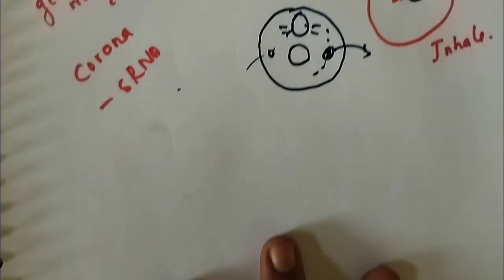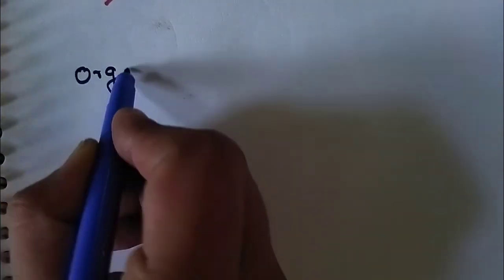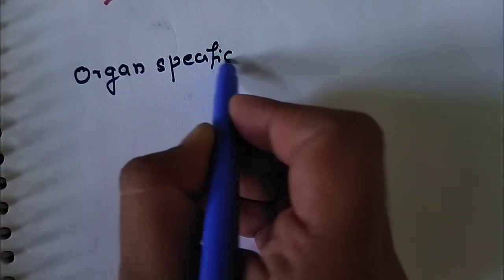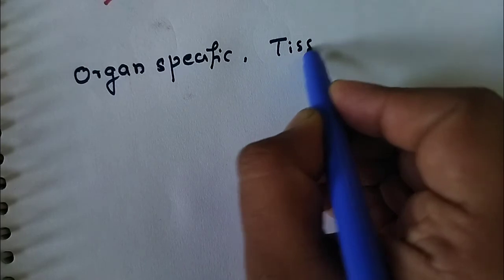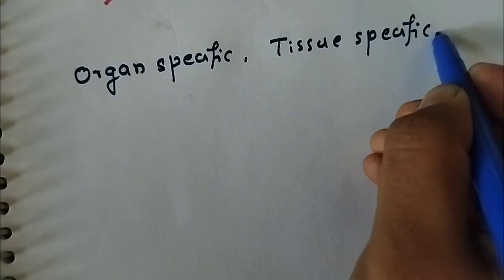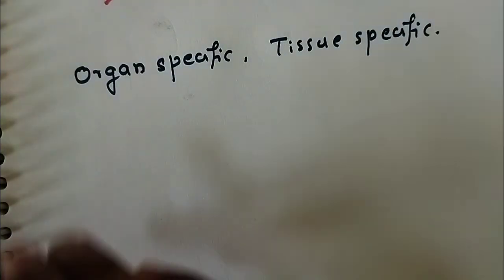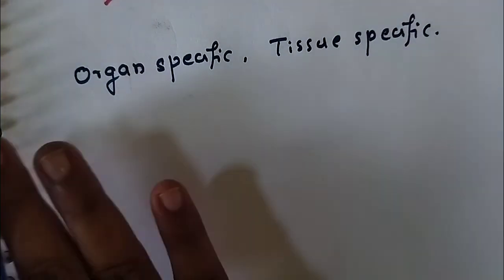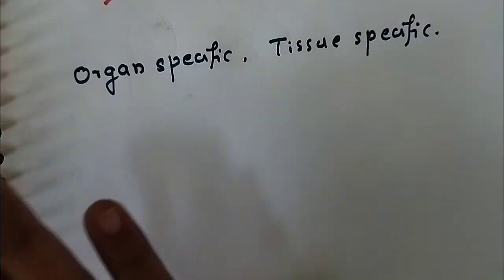These viruses are specific to certain organs and certain tissues. The infection is organ specific or tissue specific. So what do these two words mean? I'm not only talking about coronavirus, I'm speaking about all other viruses in general.